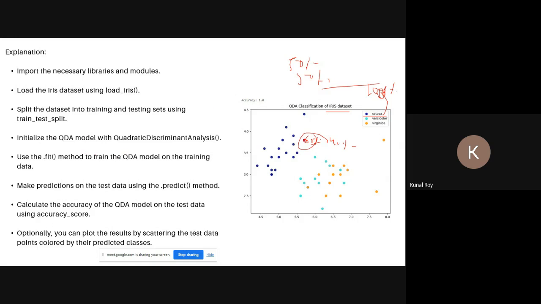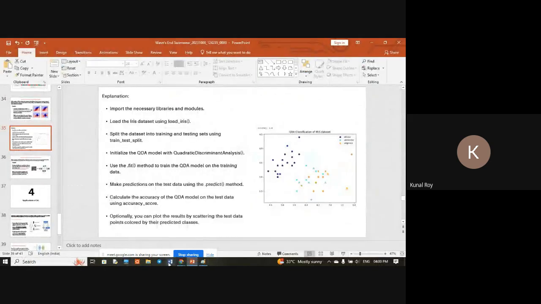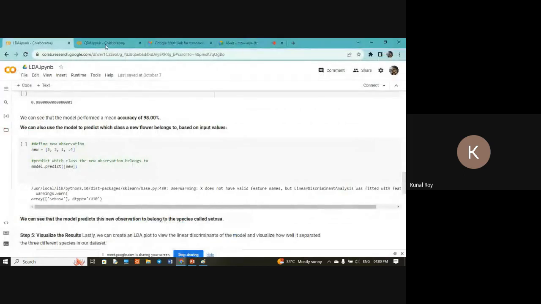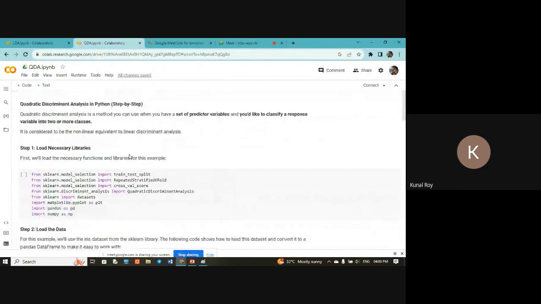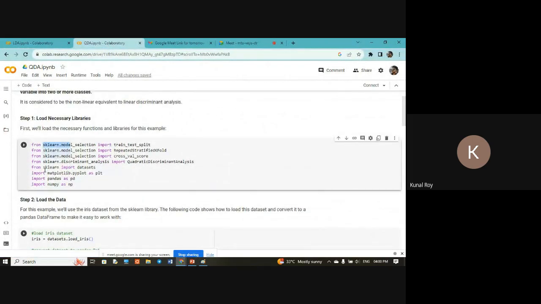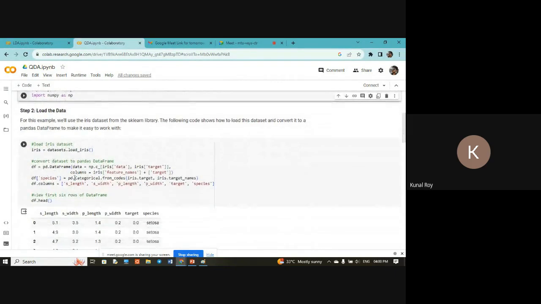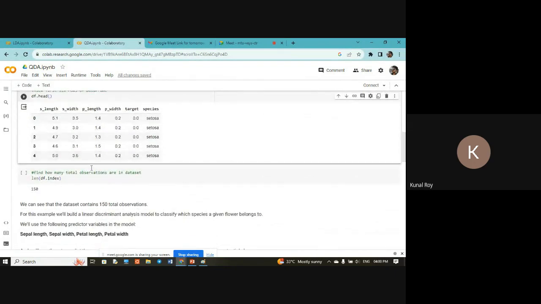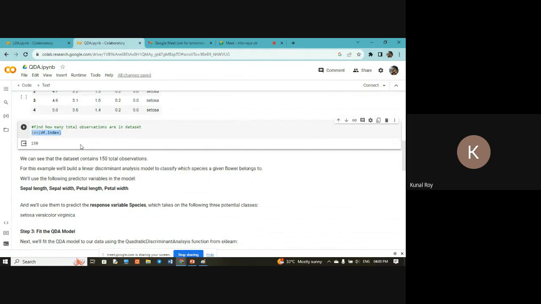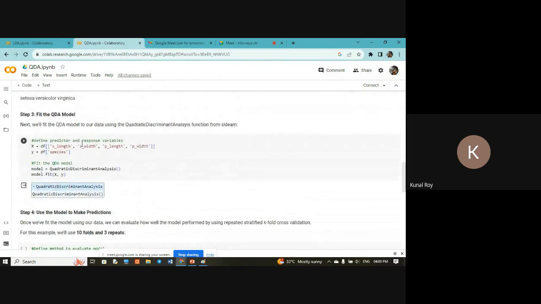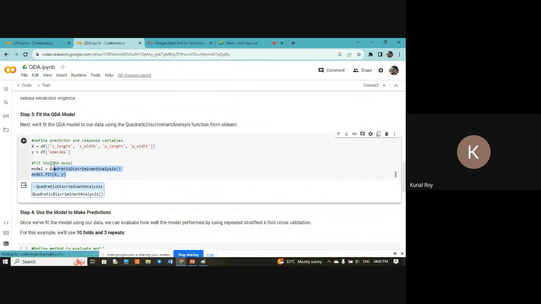The same thing here, I am taking the same example. Everything is the same. I have to load the necessary libraries, load the data, convert this into the separate length and all, and calculate the index for this. But step 3 comes into play for the discriminant analysis.